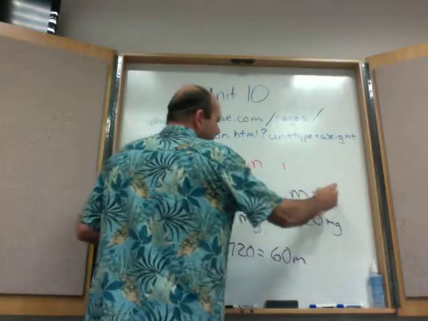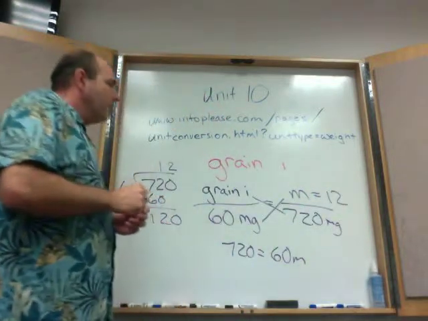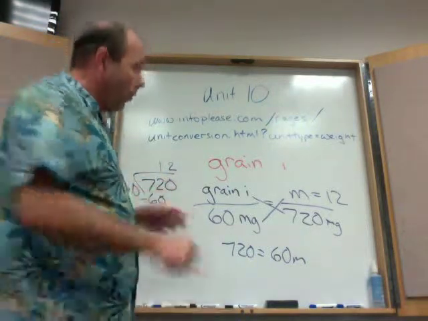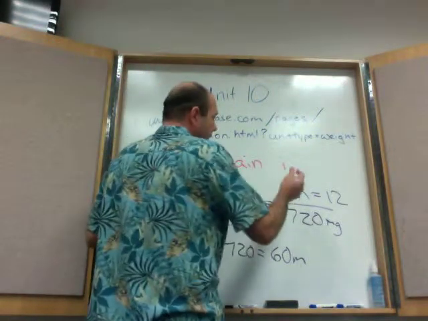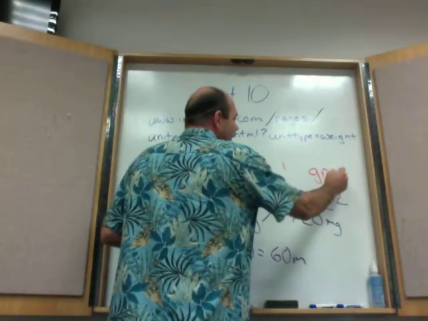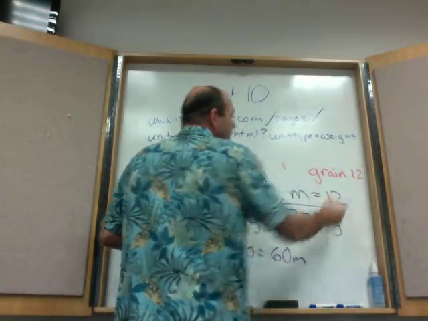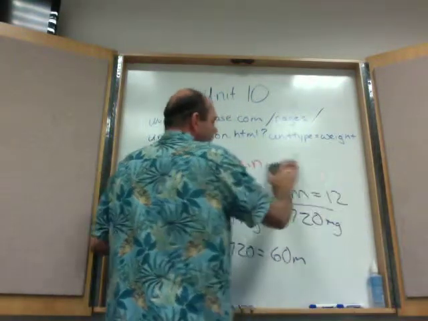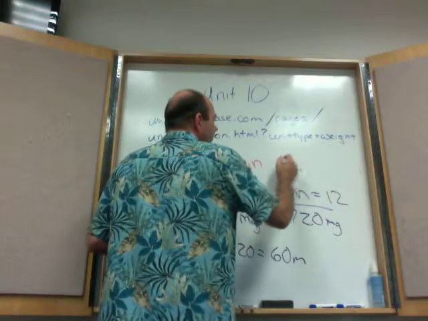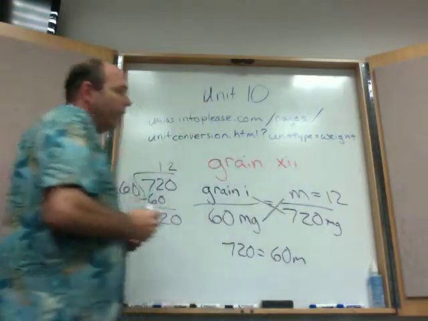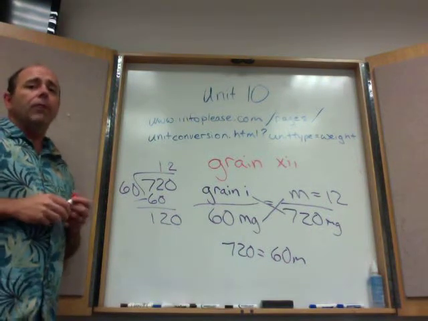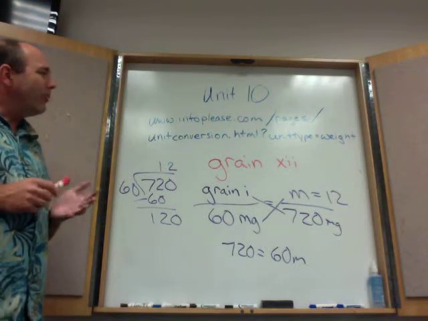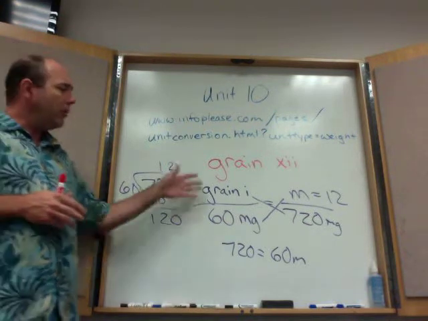And we find out that 720 milligrams is the same as 12 grains, or if I was to say it correctly, grain XII if you see it in Roman numerals. So that should help you between the conversion table and setting it up.